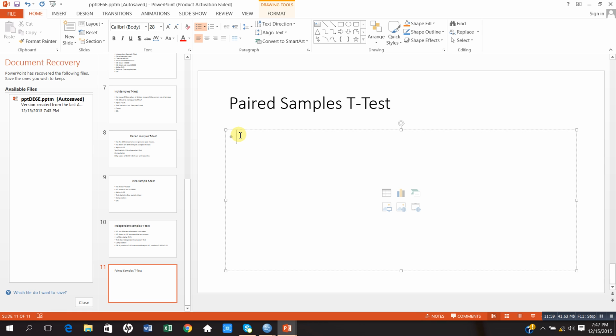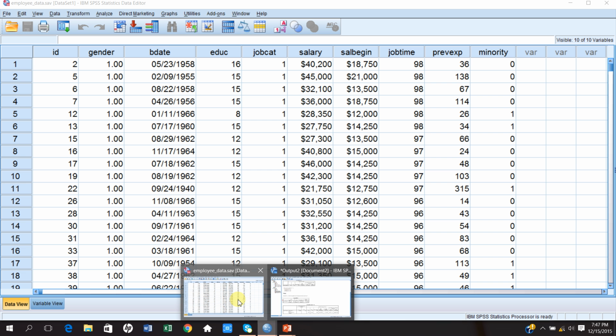The alternative hypothesis is that the two means are different. Then my level of significance is 0.05. The test statistic is the paired sample t-test, and the decision rule is if the observed p-value is less than 5%, then we will reject the null hypothesis. If the observed p-value is greater than 5%, in that case we will fail to reject the null hypothesis.